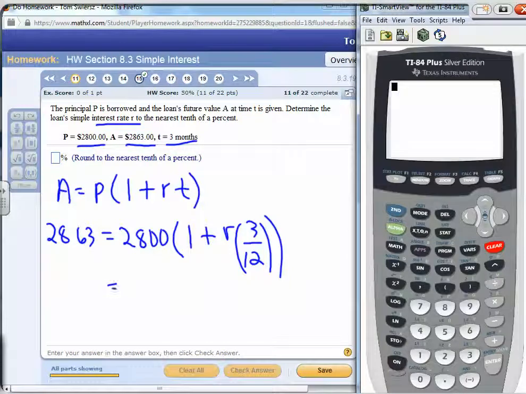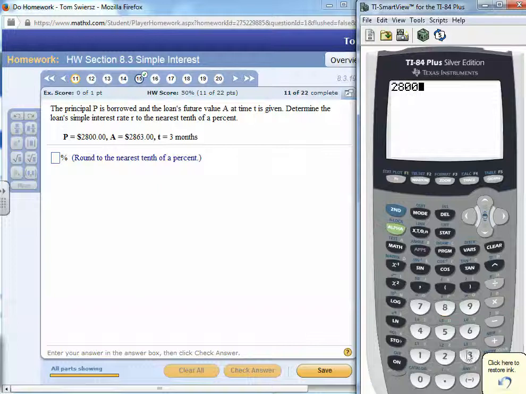Okay, so we're going to distribute the 2,800 times 1. 2,800 times 1 is 2,800 plus 2,800 times 3/12. So we'll do that on our calculator. 2,800 times 3/12 is 700.